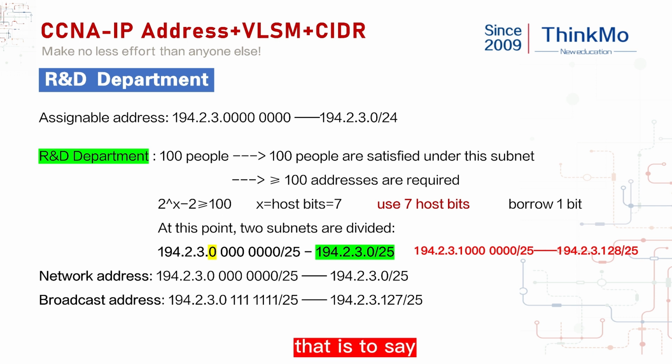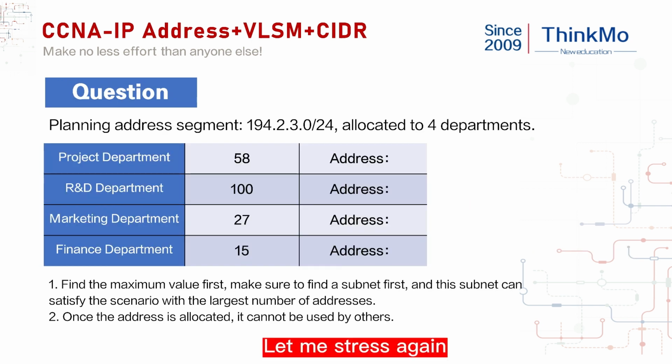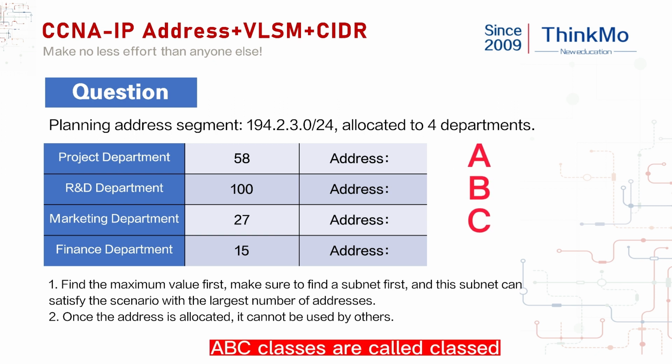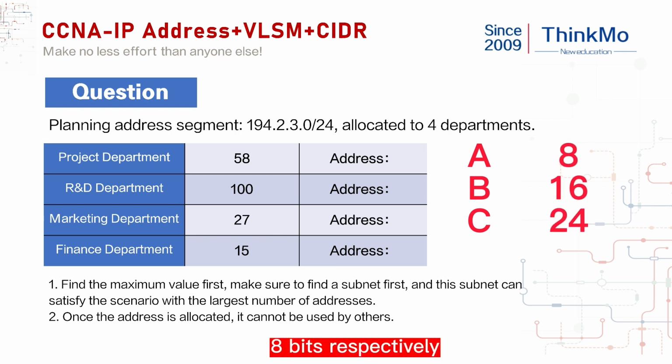That is to say, what we're talking about as a whole is variable length subnet mask. Let me stress again: according to the ABC classes, we call it classed. Such a mask has the form of 8 bits, 16 bits, and 24 bits respectively.